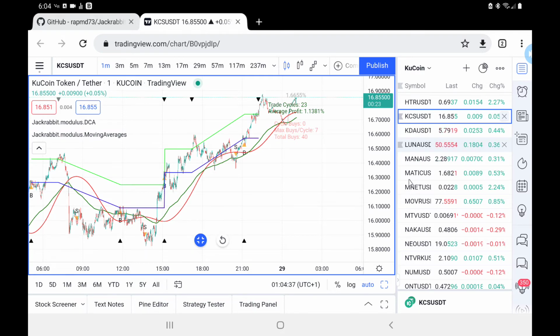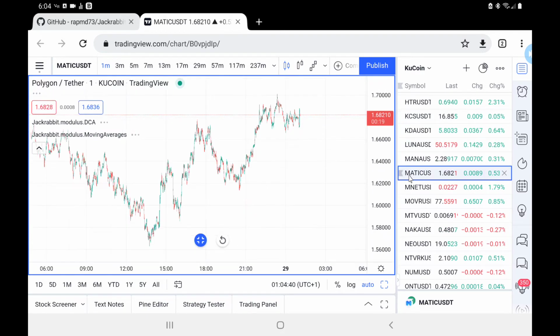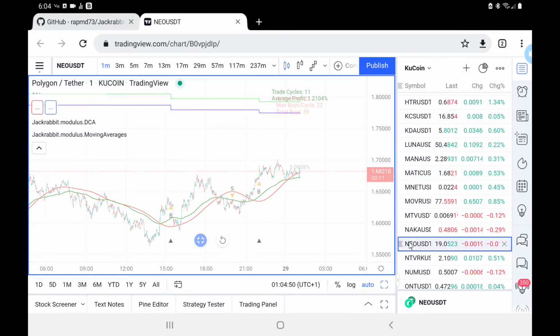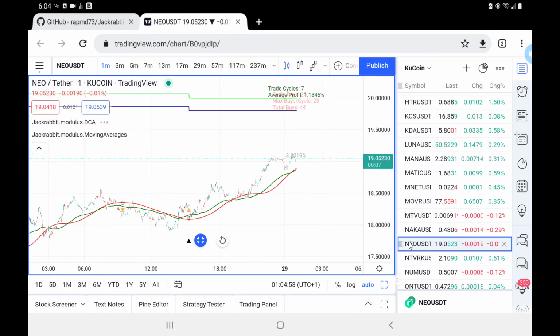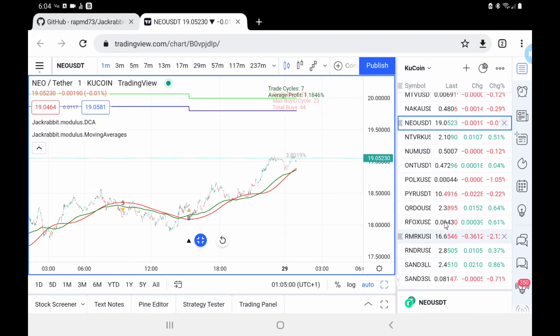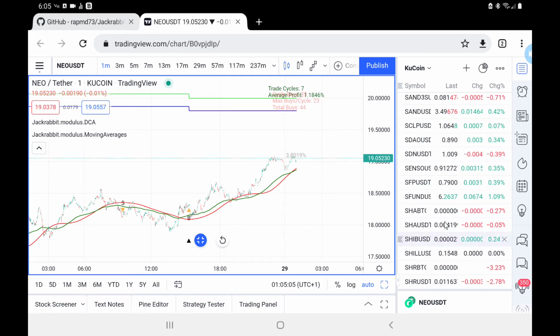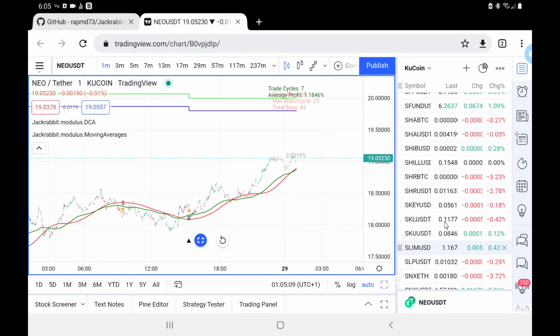Okay, let's see. Matic is a popular coin to many. Neo tickles a lot of fancies for some. And let's see. Shiba.